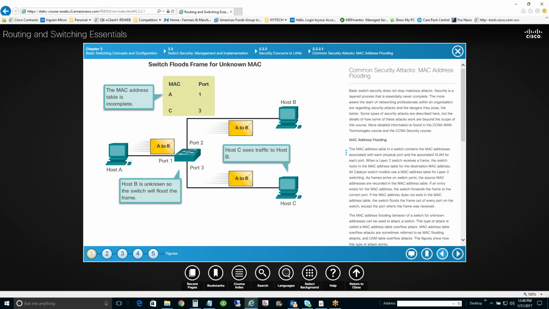What happens is they overwhelm the switch with fake source MAC addresses on frames that they create and send to the switch. And the MAC address table just starts to get overwhelmed and fills up. Now there are ways that we can mitigate that with port security configurations, which we'll get to later.